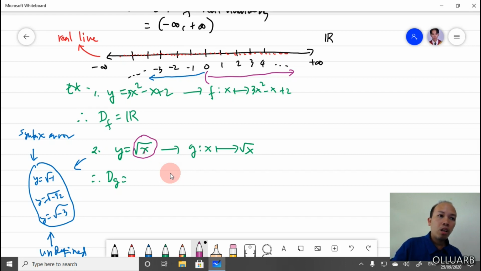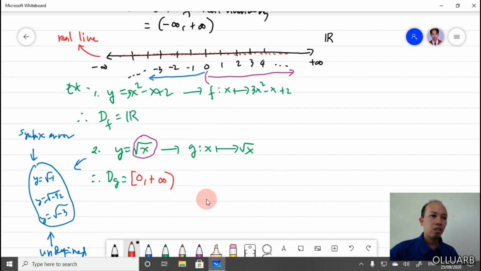All the values of x for which this equation is well defined are all numbers from 0 up to positive infinity. So this is why the answer for this equation is the set 0 to positive infinity. Okay, so I hope this is clear enough.